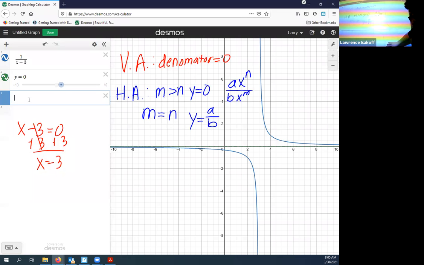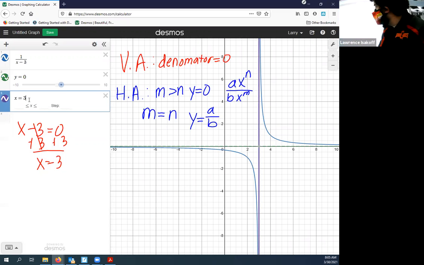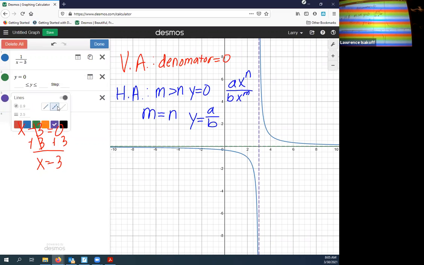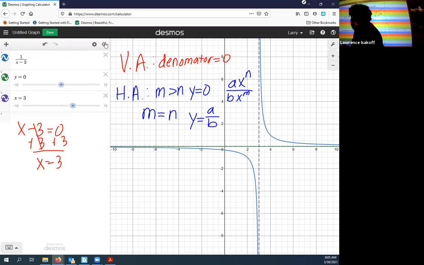We should see it appear in this gap between the graphs and kind of split it. I like to make my asymptotes dashed lines, so it's obvious they're not part of the graph. They are guides to the graph. So notice again, this just wants to hang out with these lines.